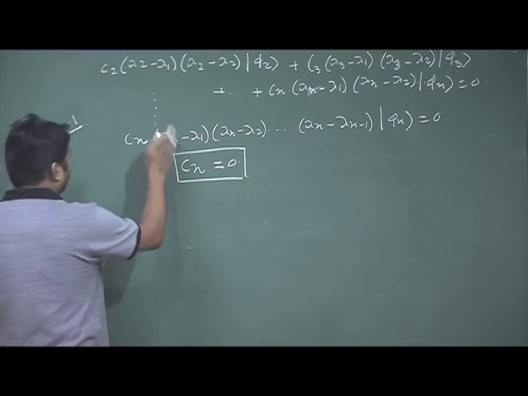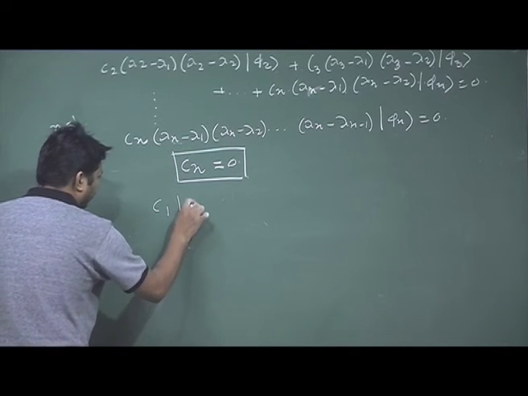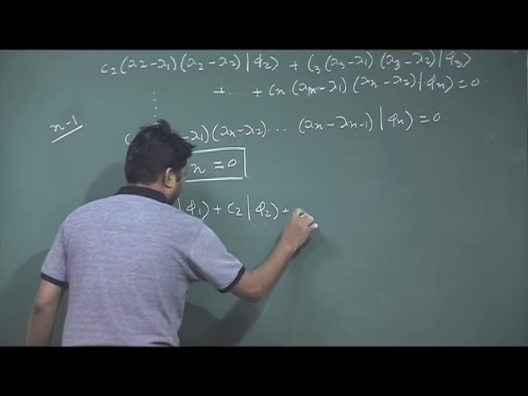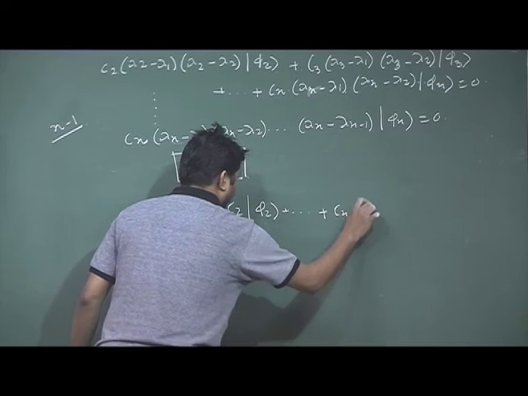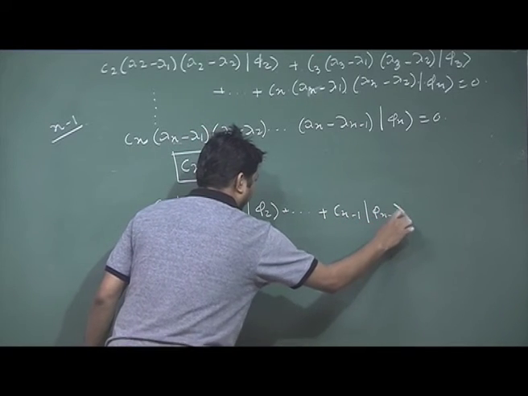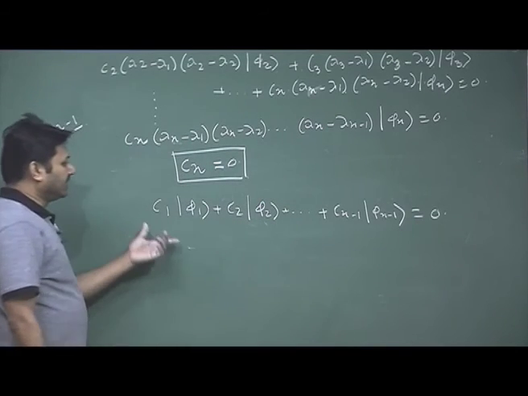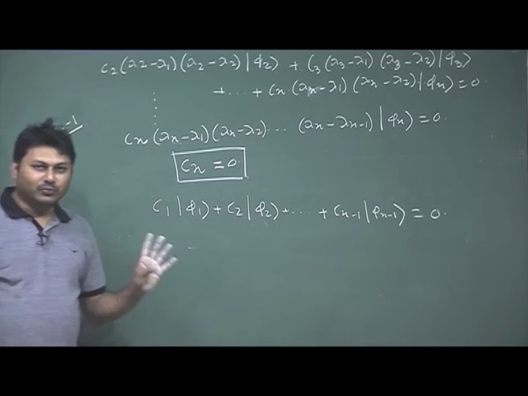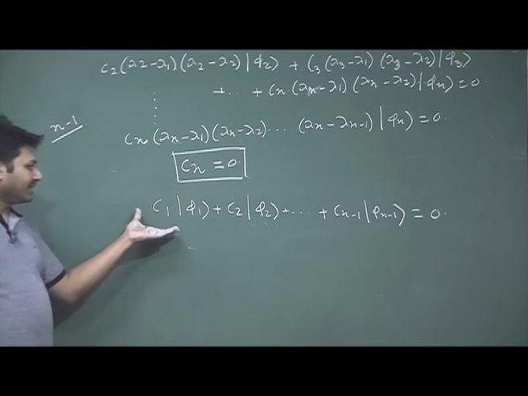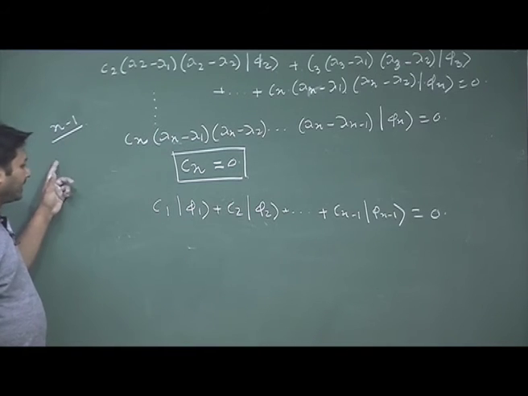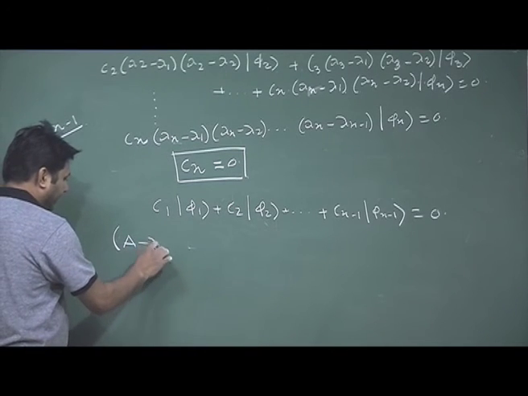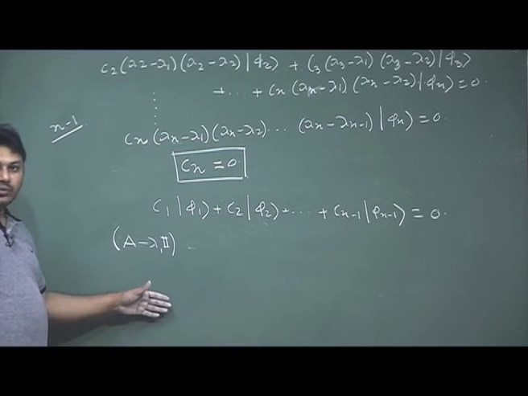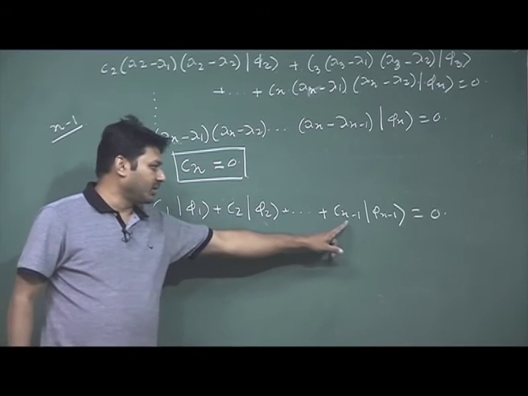If Cn is equal to 0, whatever equation I started with, I should stop here and say my new equation is this. Next part is that I start with this equation and again operate with A minus lambda 1 I over this, do that n minus 2 times and then find Cn minus 1 is 0.